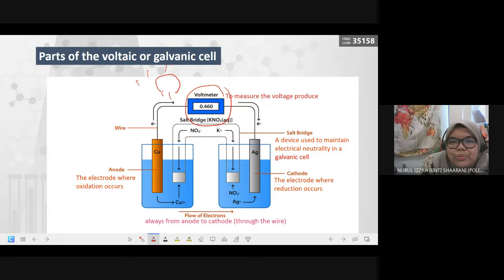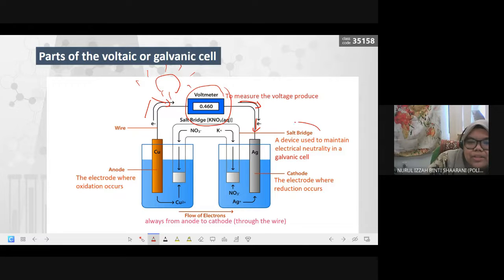So maksudnya kalau lampu tu menyala, so that means there will be a formation ataupun there will be an electrical charge lah, electrical current produced lah. So voltmeter to measure the voltage produced or the maximum potential value of two different half cell ni. So you have wire to complete the circuit. So anode, where the oxidation occur, and then flow of an electron always from anode to cathode.